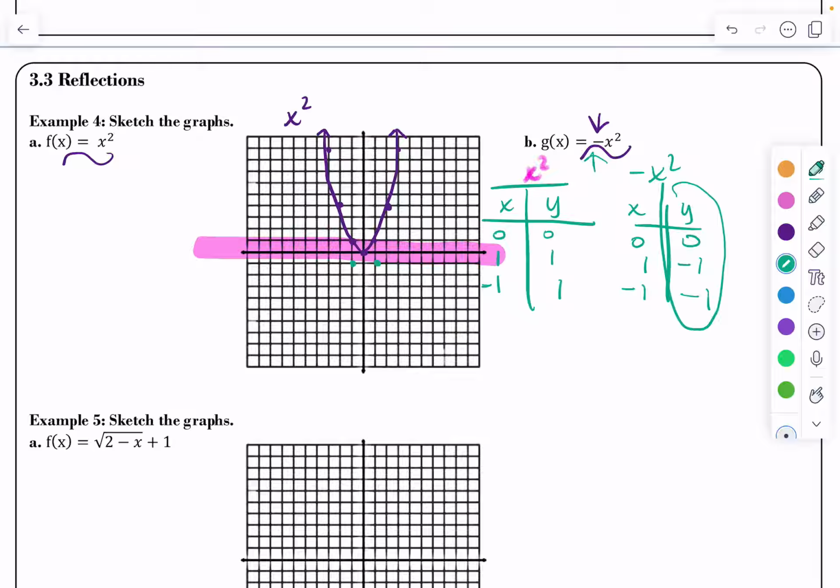So I'm reflecting down. So this is over 1, 1, 2, 3, over 1, 1, 2, 3, and then over 1, 1, 2, 3, 4, 5. Or, again, you can also just make a table. So, if that's your business, there's multiple ways to do this: by hand with a table, or by hand by memorizing the reflection rules.